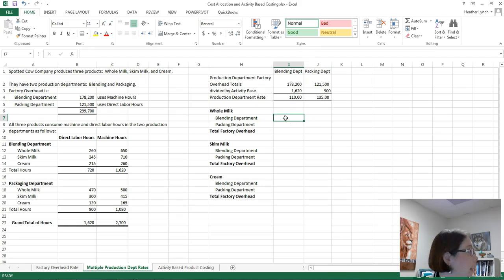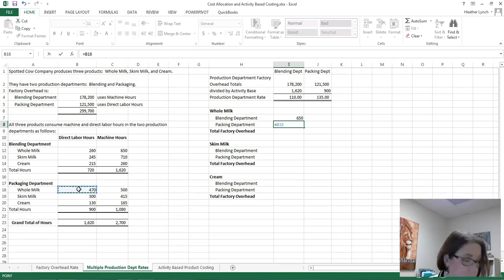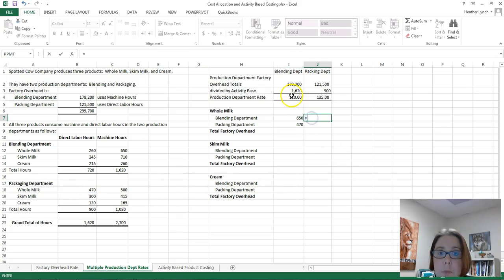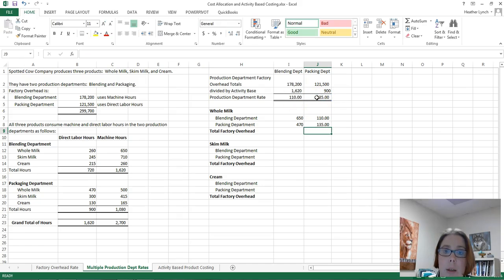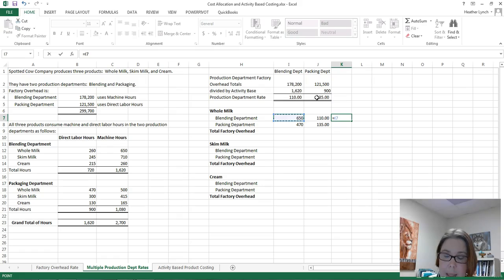Okay, so now we have our individual rates that we can use for each production versus each activity. So let's look at the whole milk. Okay, blending again uses machine hours. So for machine hours, the blending department was 650. For packaging, they use direct labor hours, so that was the 470. Put in my rates for each one, and then I can multiply these out.